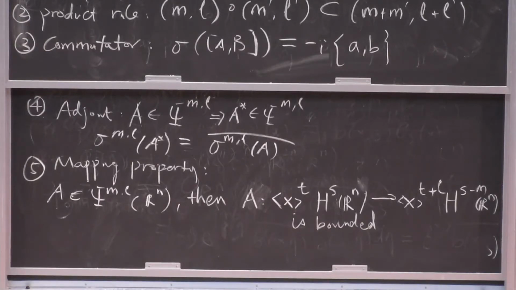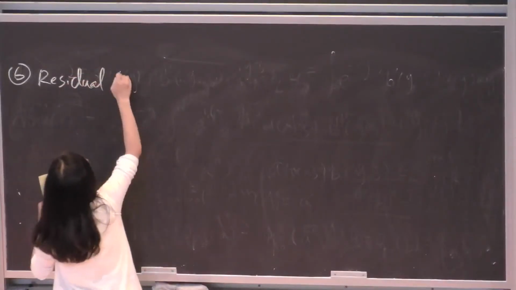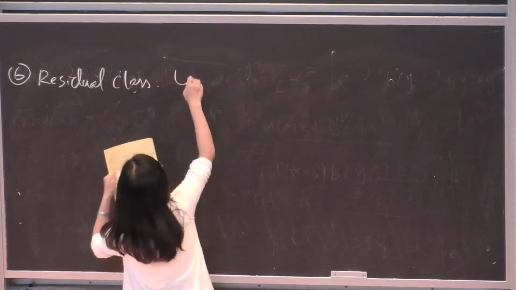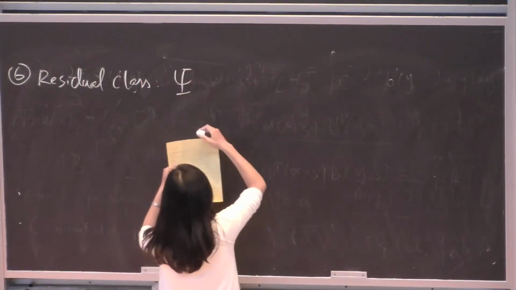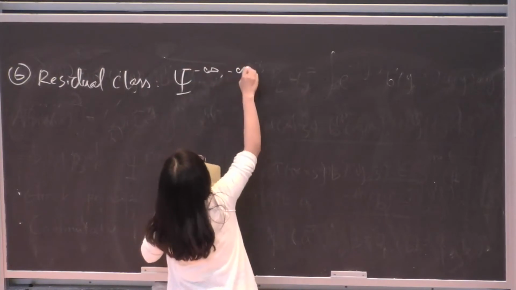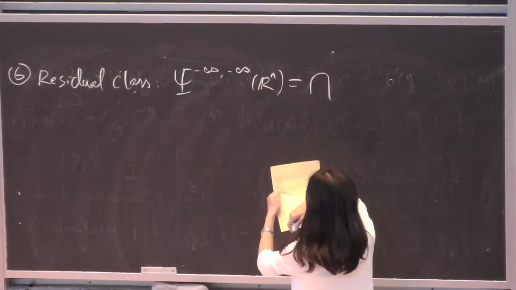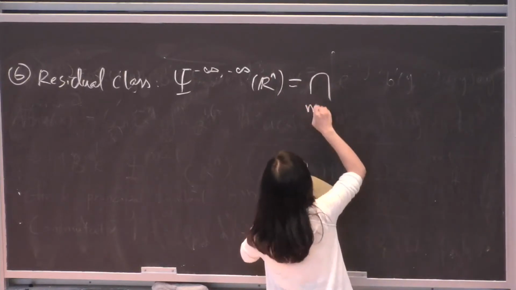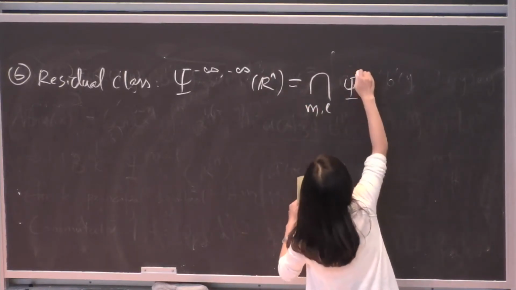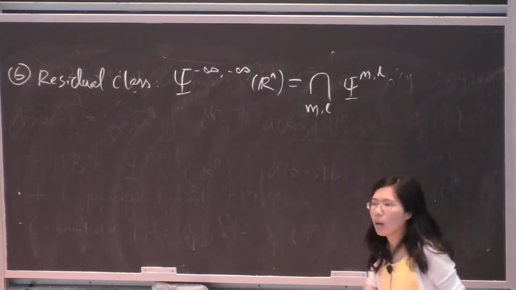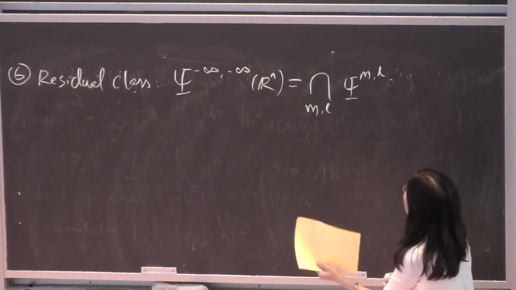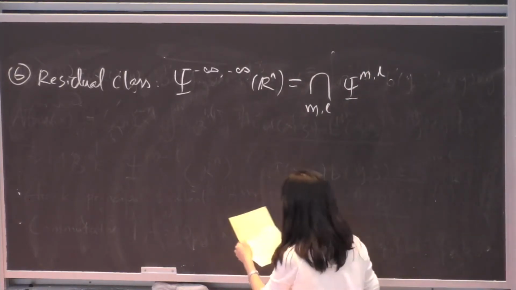So I can define the following. This is number 6. This is a residual class, which is Ψ^{-∞,-∞}(R^n). This is defined to be the intersection of all m and l. So this is all the pseudo-differential operators in this calculus, in this class.